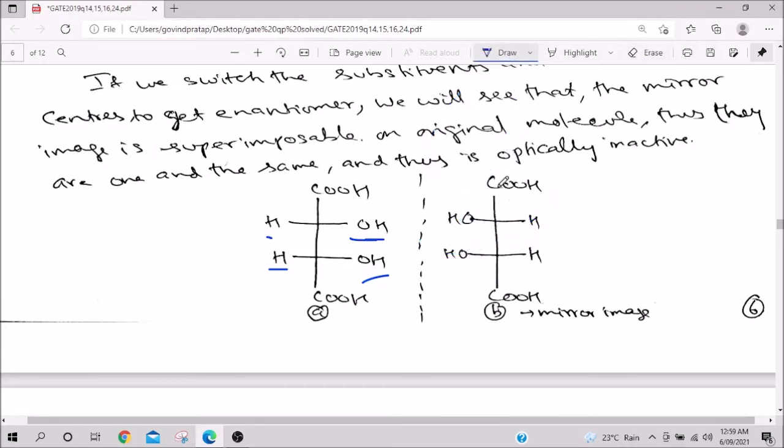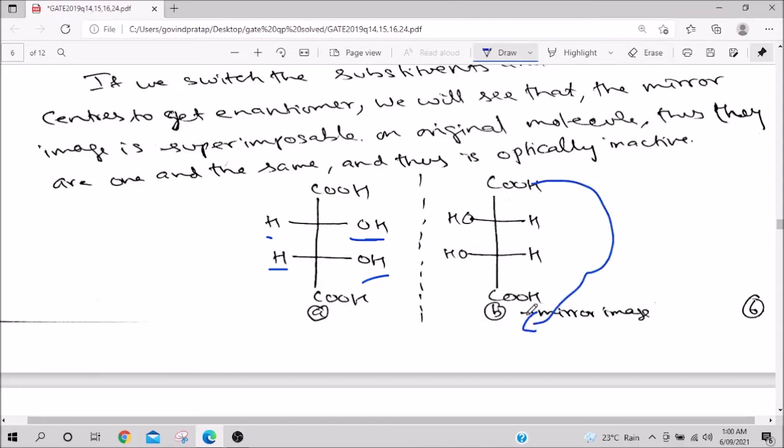So, this hydrogen and this OH are actually coming outside the screen. If you rotate 180 degrees, H goes behind, OH goes behind. So, it no longer remains the same. So, you cannot simply rotate like that. What you can rather do is rotate it in the plane. So, in the plane of the paper you can rotate 180 degrees.